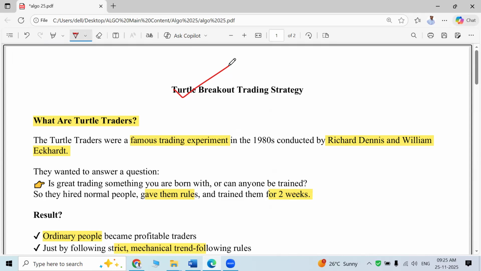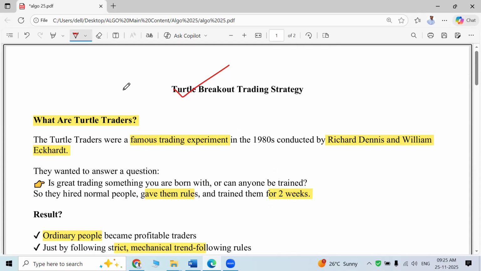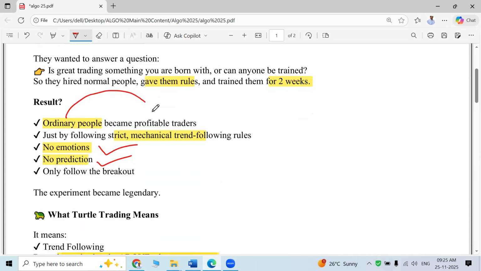They were trained to follow the rules for 2 weeks. They don't break the rules, they don't do any guesswork, and you'd be surprised to know that ordinary people can be profitable. Similarly, an algo is always profitable because it does not have fear and it does not have greed.